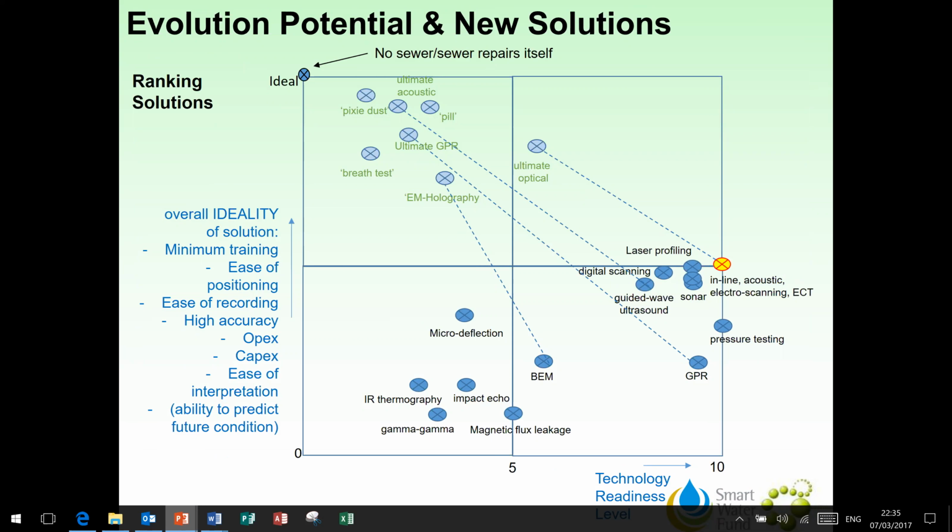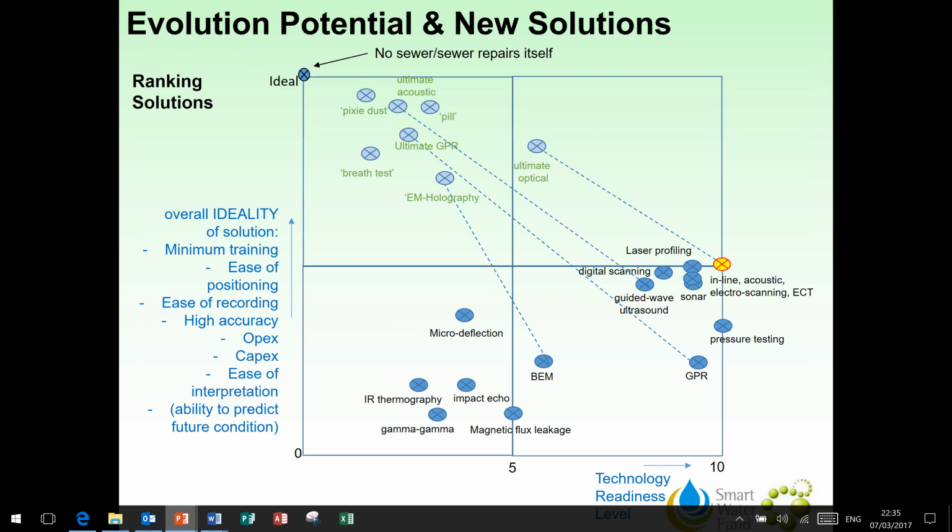So here's, well, I'll say a simplified version, where I've taken off some of the original solutions, and we've looked at some of the ones that we think have got the most prospect for evolving and satisfying the need of this more ideal sewer assessment system.